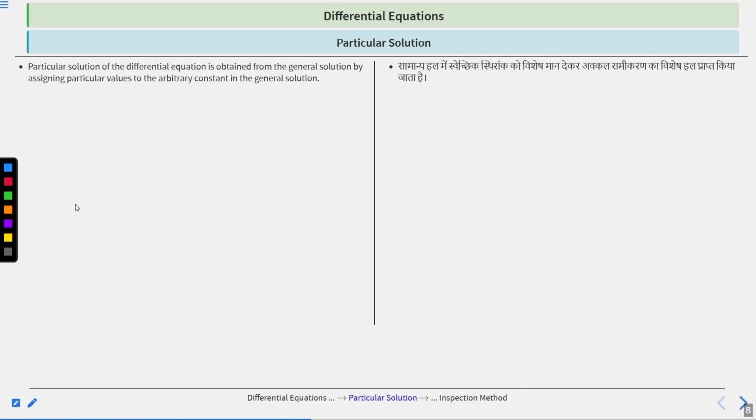Got it? Next is the particular solution. A particular solution of a differential equation is obtained from the general solution by assigning particular values to the arbitrary constants in the general solution. Clear?